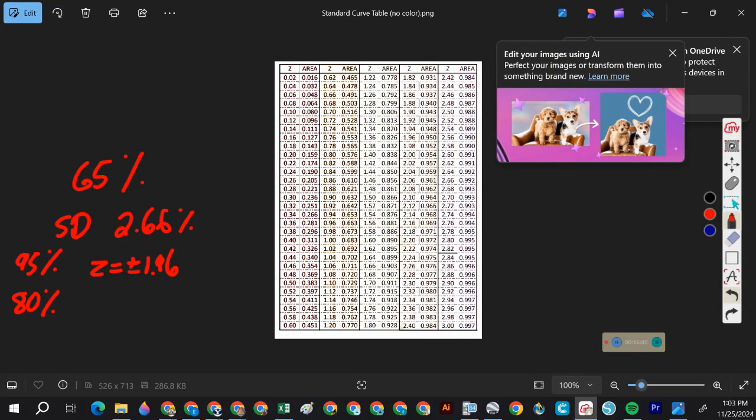Okay, so for 80%, we're just going to have to use 1.28. So see if this makes sense. If I want to create 80%, how far to the right do I travel? 1.28. That's my z-score. And out to negative 1.28. All right. So my confidence interval is going to be 65% plus or minus what?